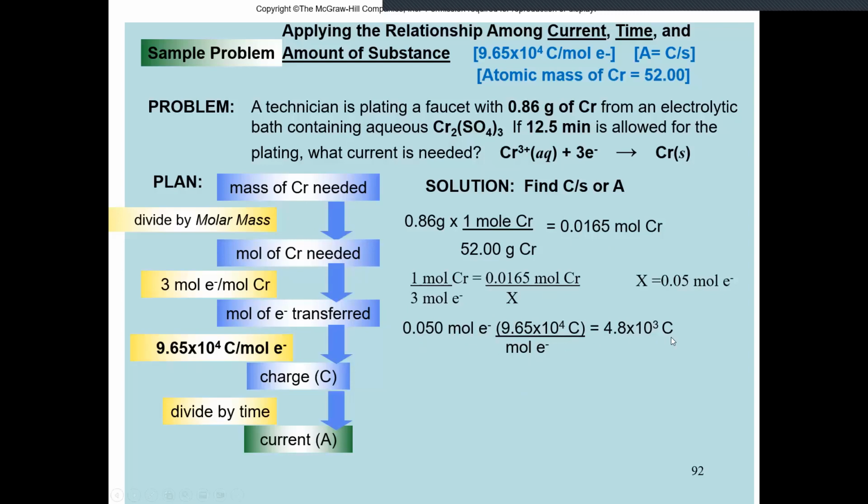Electrons cancel and you get coulombs. But an ampere is coulombs per second. Well, we're not given seconds in the problem, we're given minutes, so we just have to convert it to seconds. Basically, we multiply this by 1 minute over 60 seconds. Let me get the answer.